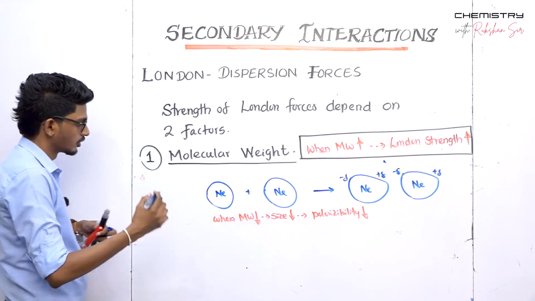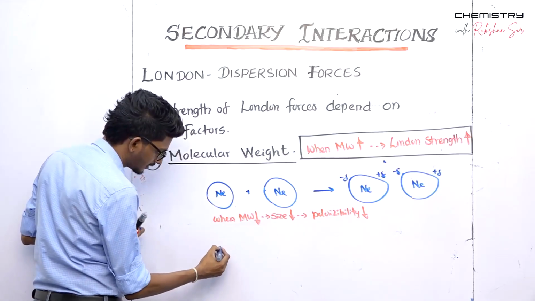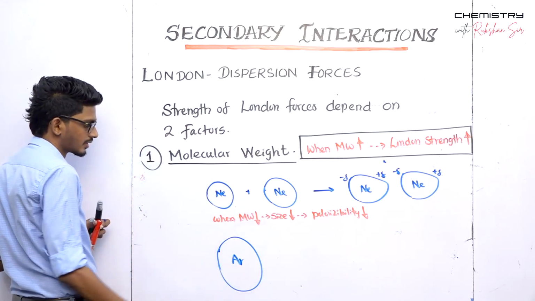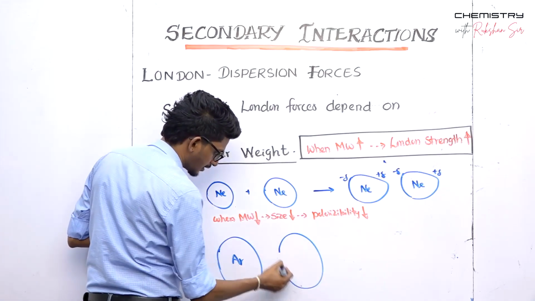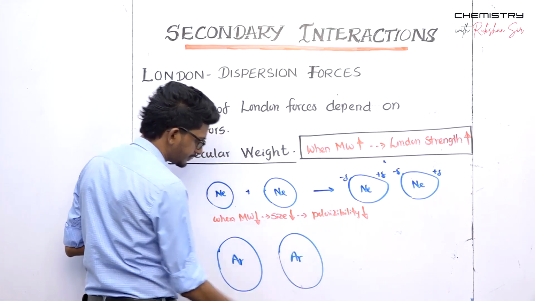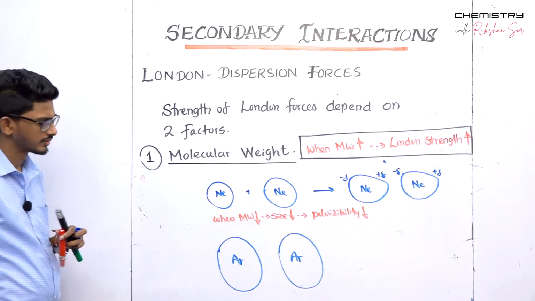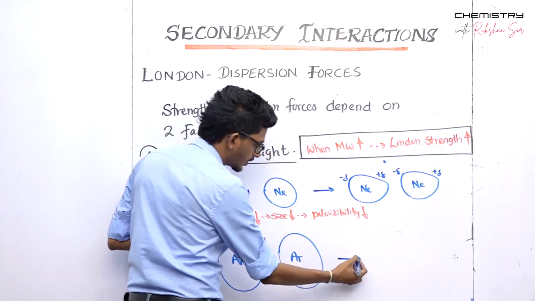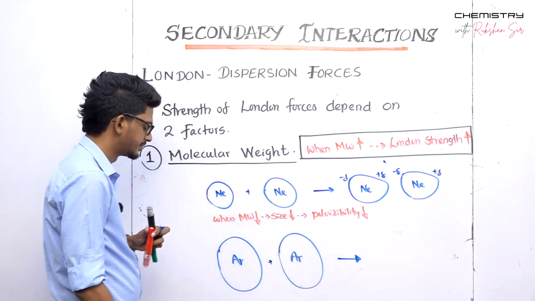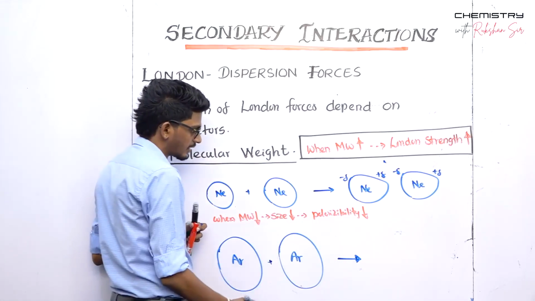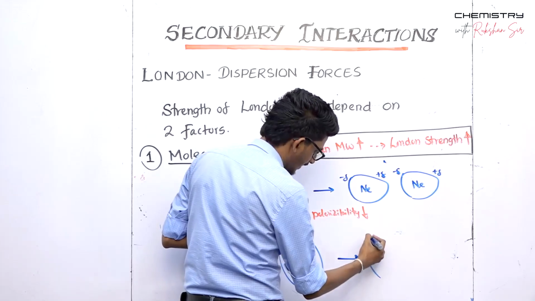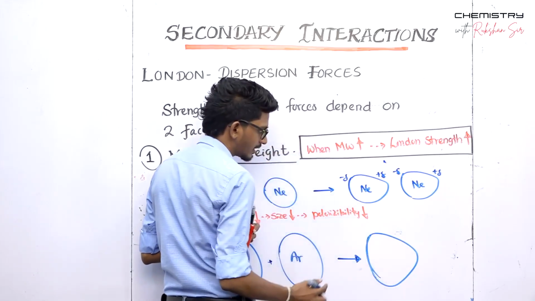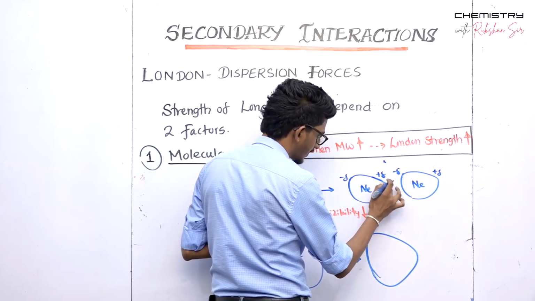Right, so let's compare this with argon. Argon is a much larger species. When these two are attracted to each other, they will create greater poles, as they have greater polarizability.